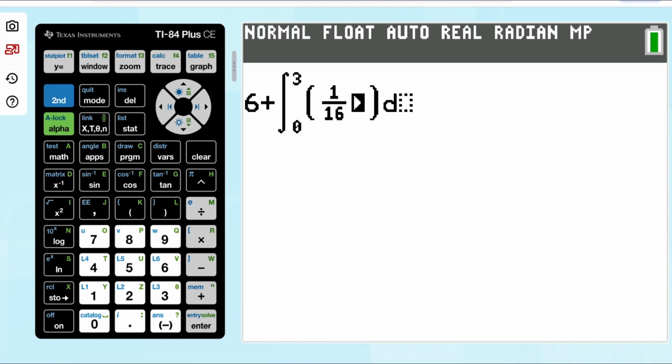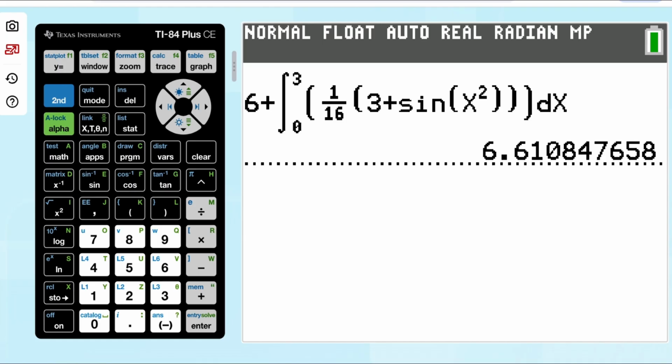And then it's 1/16 times 3 plus the sine of x squared. And we've closed, I think we've closed all of our parentheses now with one more. And we'll put our dx on the outside. And we end up with 6.611 when we round.